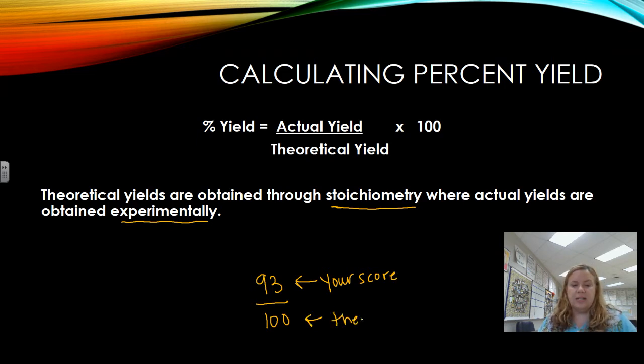So this is like the theoretical score, meaning how much it should be. You divide 93 divided by 100 times 100, which ends up being a 93. That goes for any score you would get on your paper. So think of it that way. Your actual always goes on top, divided by your theoretical.